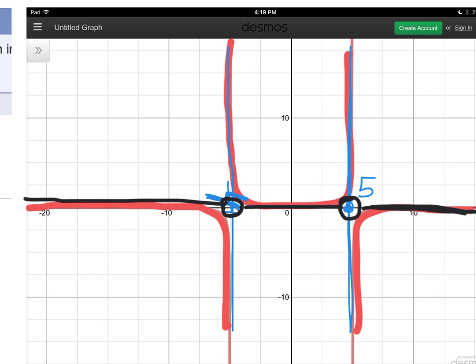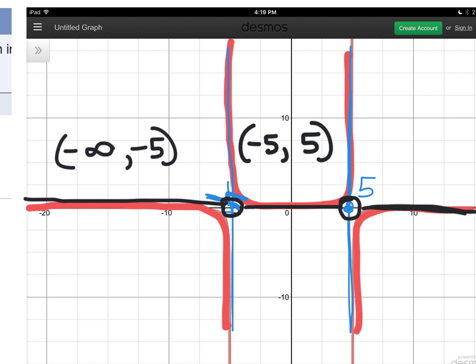Let's talk about this section down here. It's negative 5 all the way down to negative infinity, and we're going to put our brackets right there. So that's this section down here. This section goes from negative 5 up to positive 5, but it's not allowed to be either of those, so it's the soft brackets rather than the hard bracket.